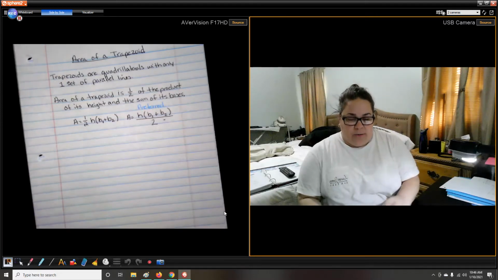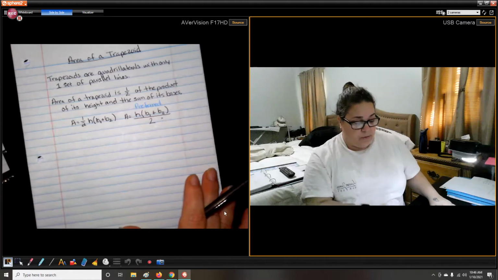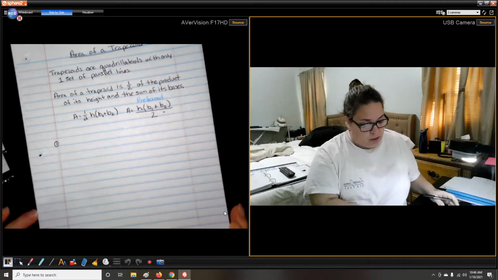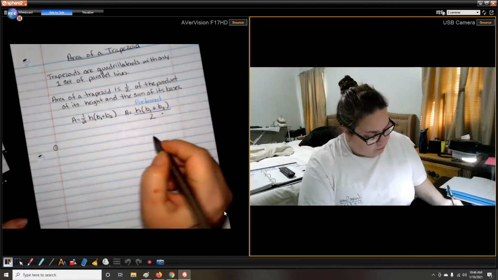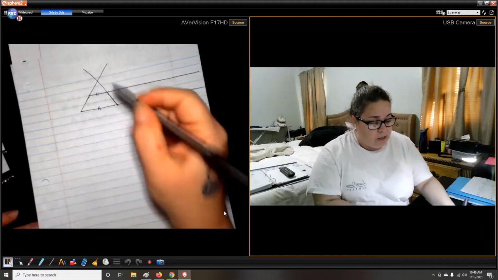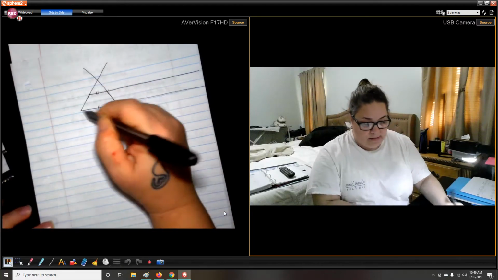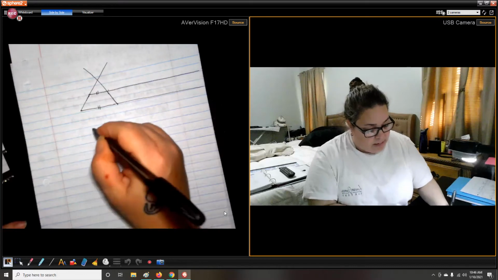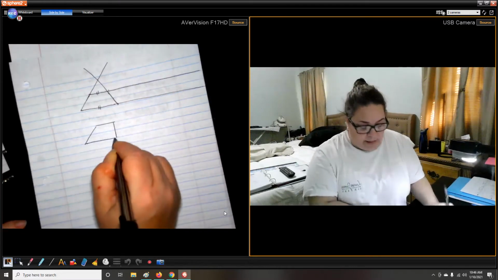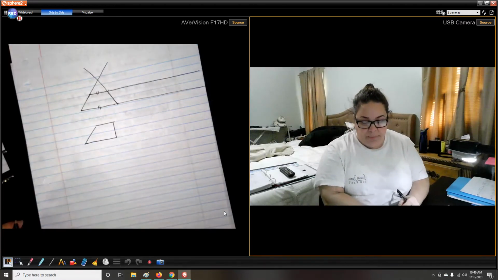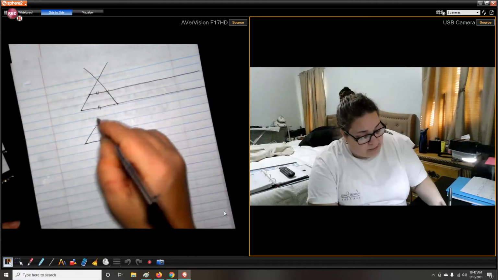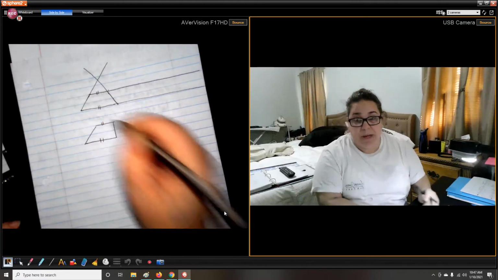All right, so let's dig in with an example. So our example number 1, we're going to draw this parallelogram. Now, also, just so you know, not all parallelograms look like this. You will see parallelograms that look like this. Okay? This is a parallelogram as well, because this line and this line run parallel.